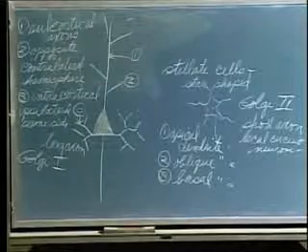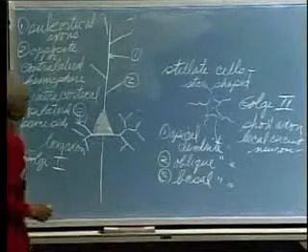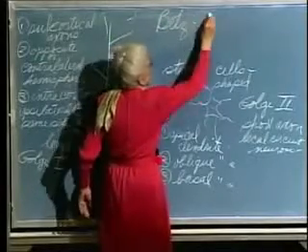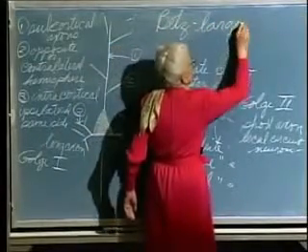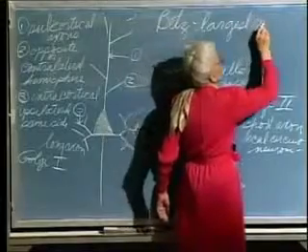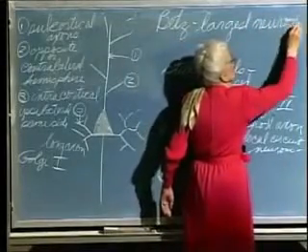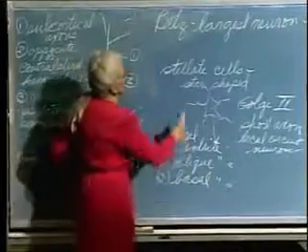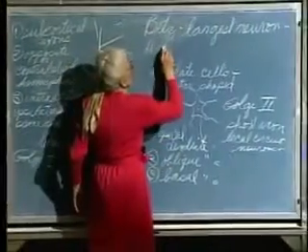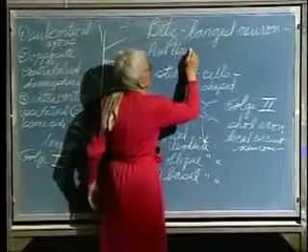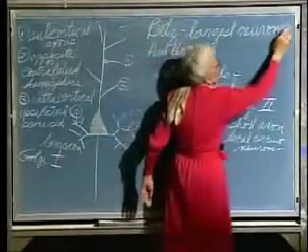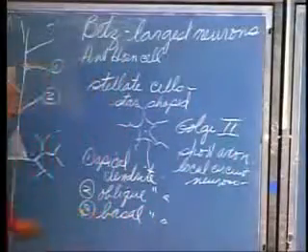Now, one type of cell, which is called a Betz cell, it's the largest neuron. We gave you two examples of the largest. We gave you an anterior horn cell. So an anterior horn cell and the Betz cell are the largest, let's put them together, largest neurons.